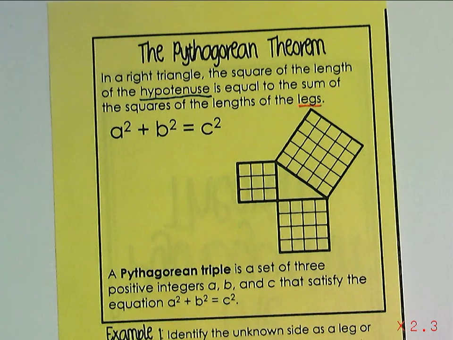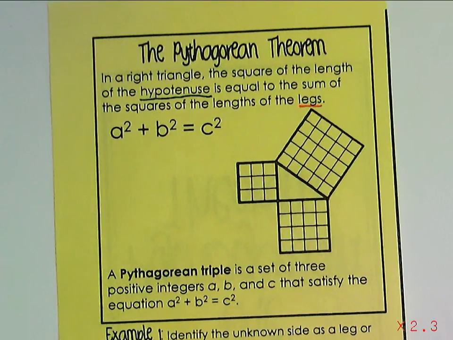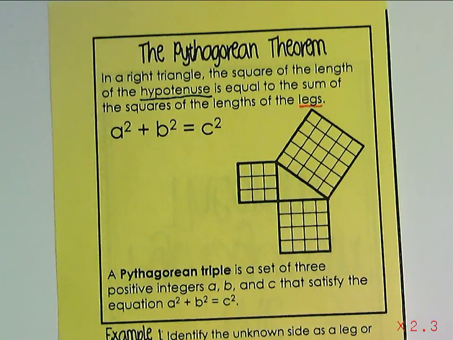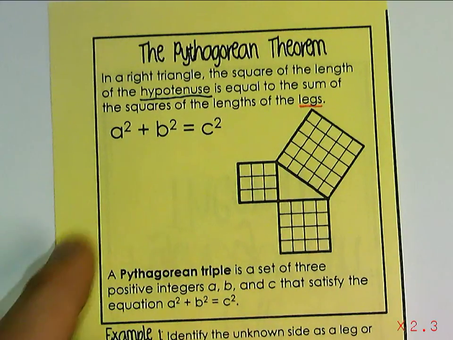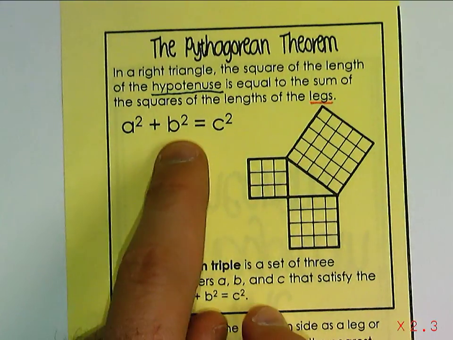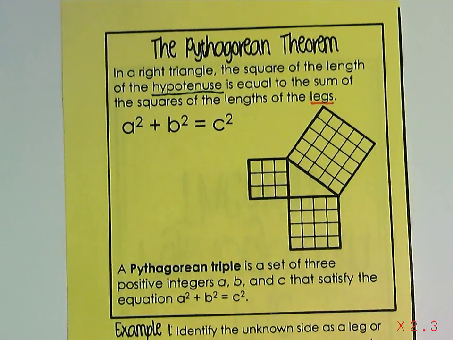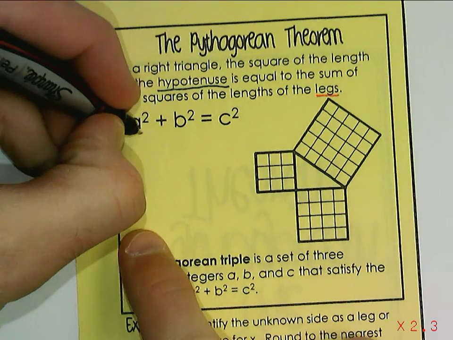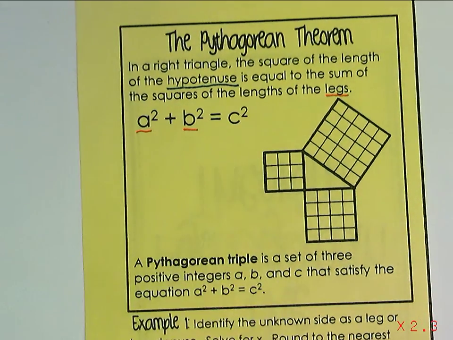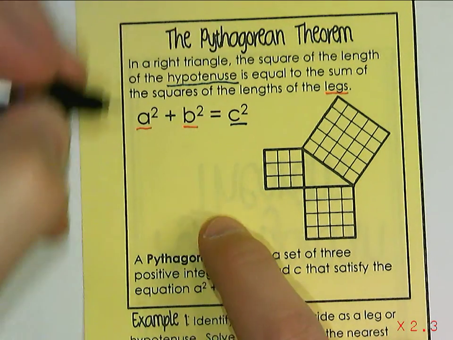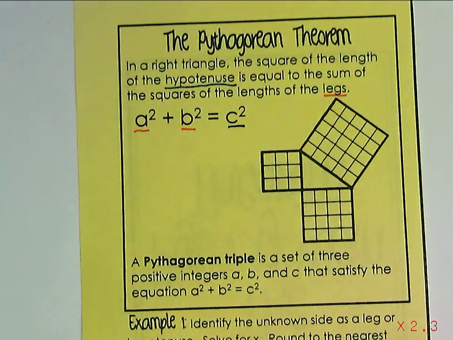So what is this saying? Let's figure that out using this example that we have here. So in this case, the equation that's used for the Pythagorean theorem is a squared plus b squared equals c squared. And both a and b always represent the legs of the right triangle, and c always represents the hypotenuse.